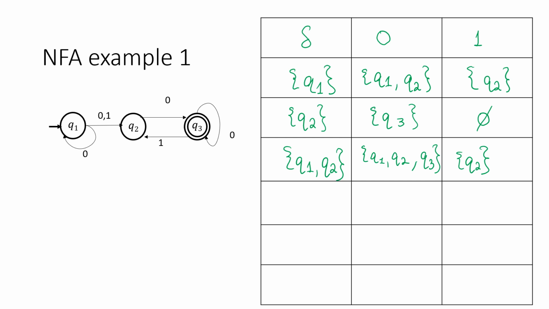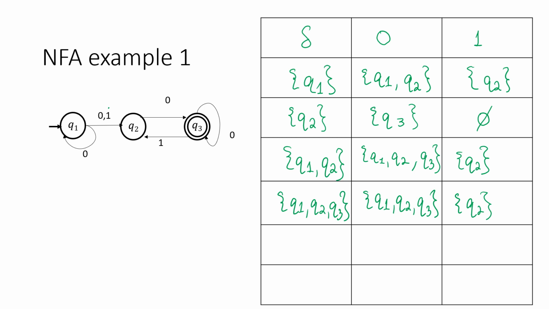Now I have a state that represents everything, which is Q1, Q2, and Q3. And now on 0, I know that I can go to Q1, Q2, or Q3. And on 1, it looks like I can go to Q2, because Q1 goes to Q2 on 1, and Q3 goes back to Q2 on 1.